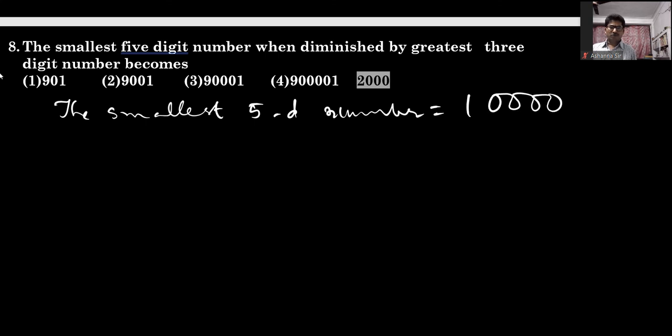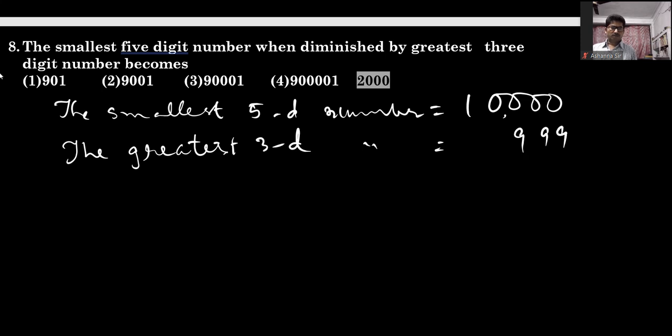So this is the smallest 5-digit number, 10,000. And the greatest 3-digit number, 3 nines.